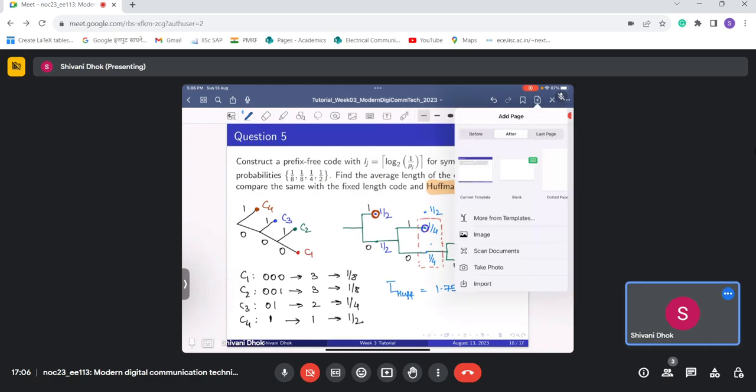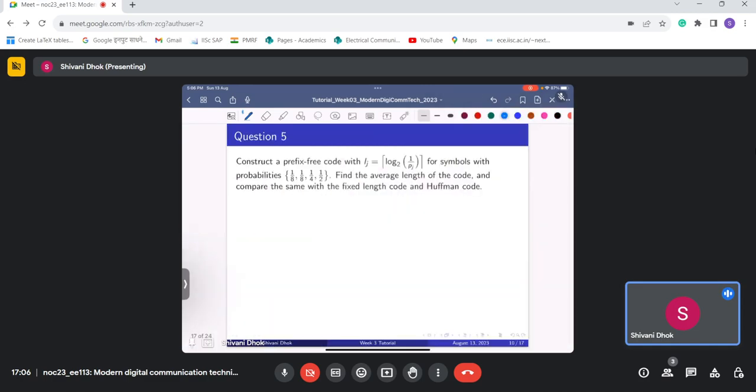Okay, so now just for comparison purpose, it's not asked in the question, still we'll find out what this HX is. So this HX will be simply summation j equal to 1 to 4 of pj log to the base 2 of 1 by pj.